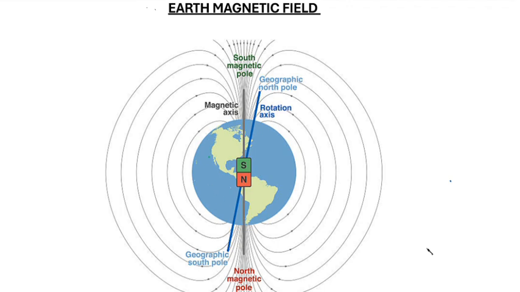We know that the horizontal on the Earth's surface is not equal. Maybe here the horizontal will be here, and here it will be here. At this place, the horizontal is going to be different. So the field angles up, goes up, and then later comes down and enters the South Pole. So that is how it is.